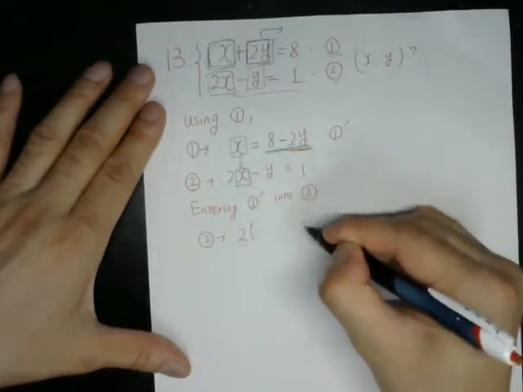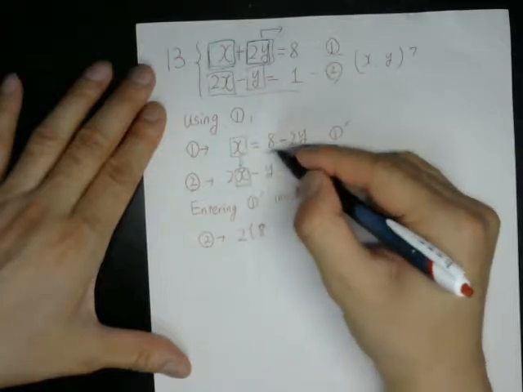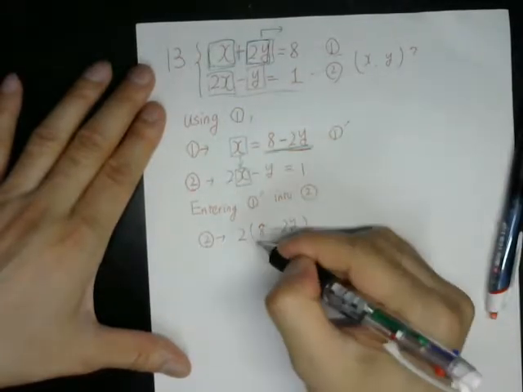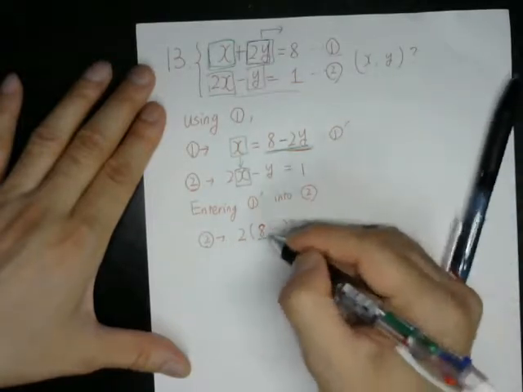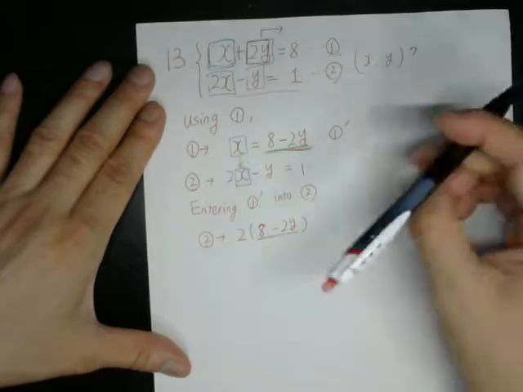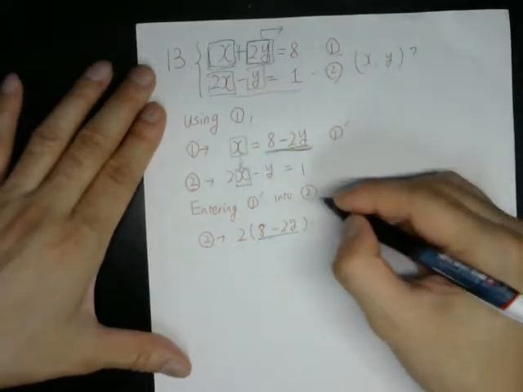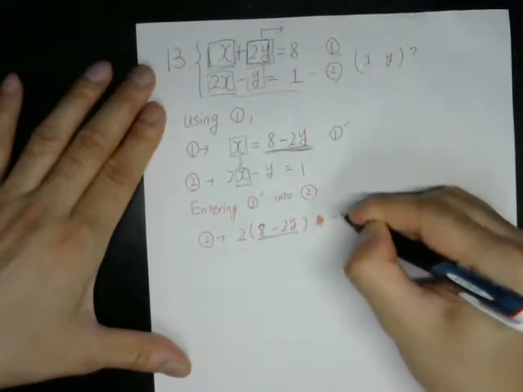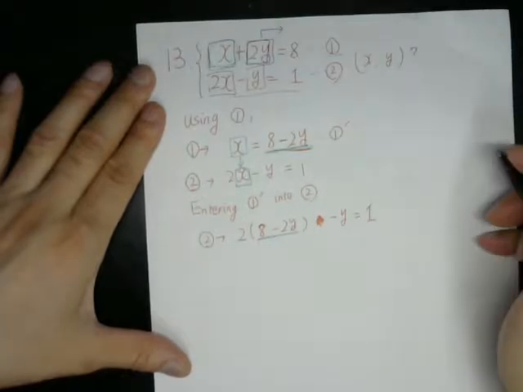But remember to put that in parentheses, because the x itself is 8 minus 2y, right? This thing used to be x, but it's now replaced or substituted by 8 minus 2y, minus y equals 1. See?